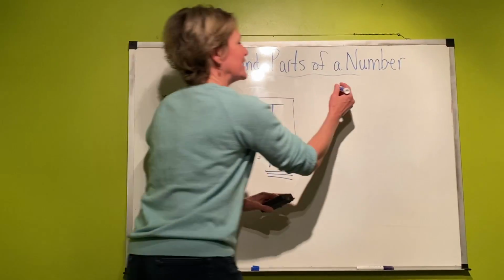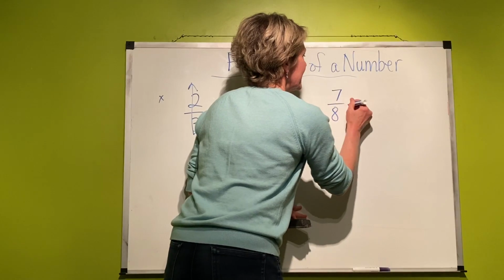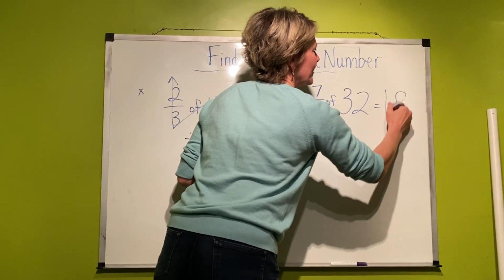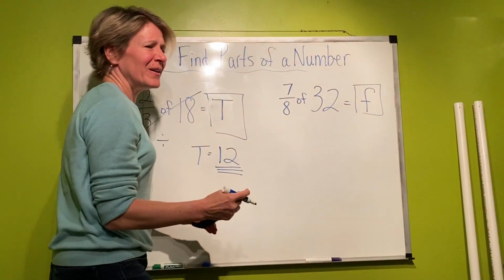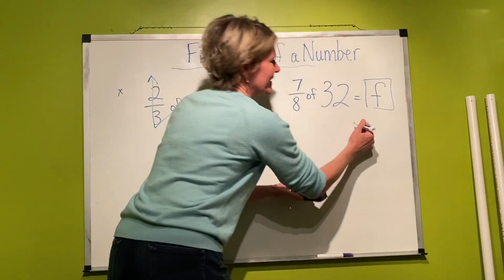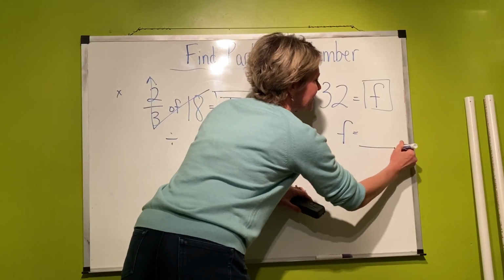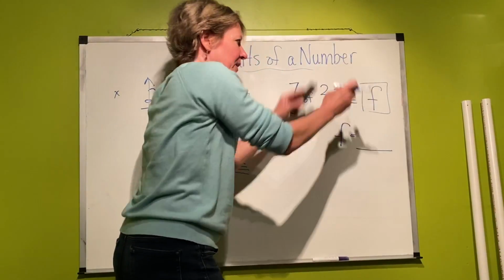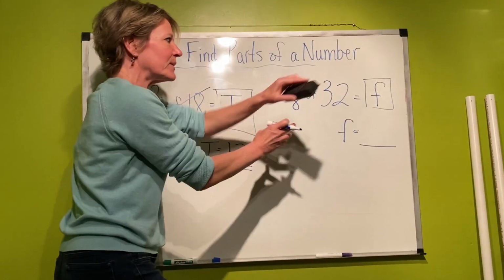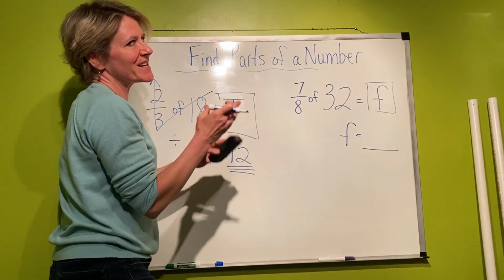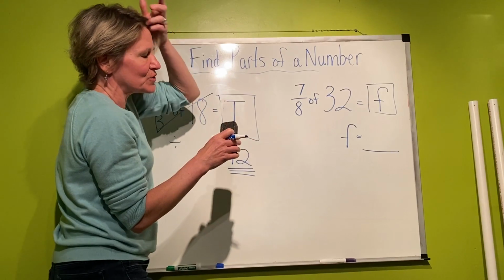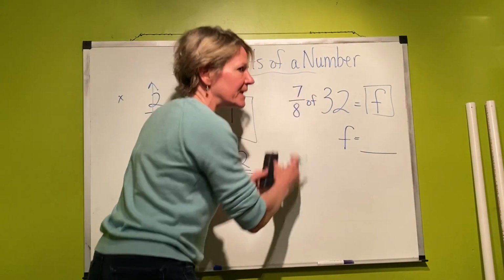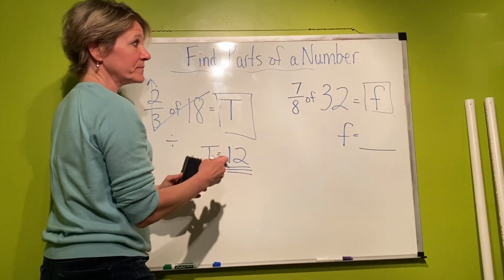7/8 of 32 is F. And you're probably saying to yourself, F? That's just their way of asking, what number, if I erase the F and put a number in, what could we replace it with? It's just algebra that they want us to get used to setting a letter equal to our answer.